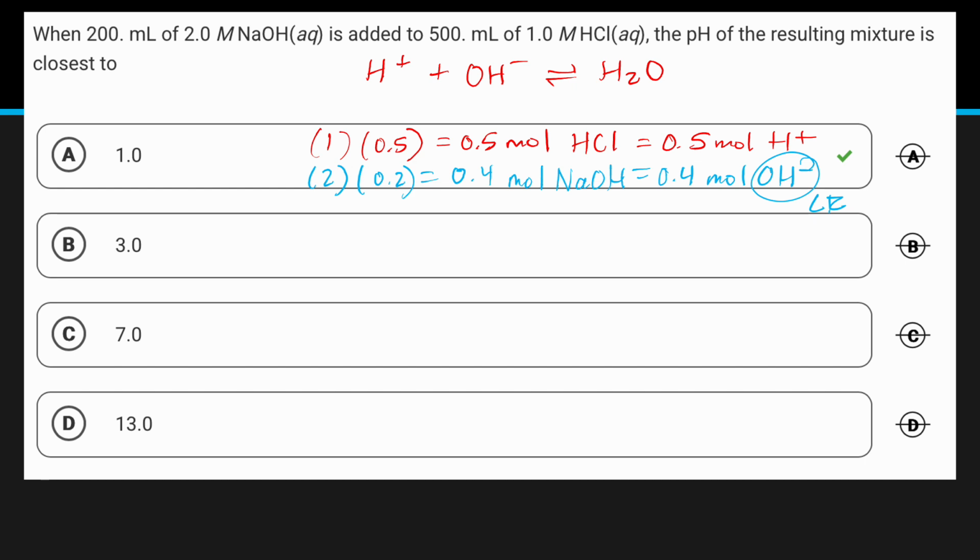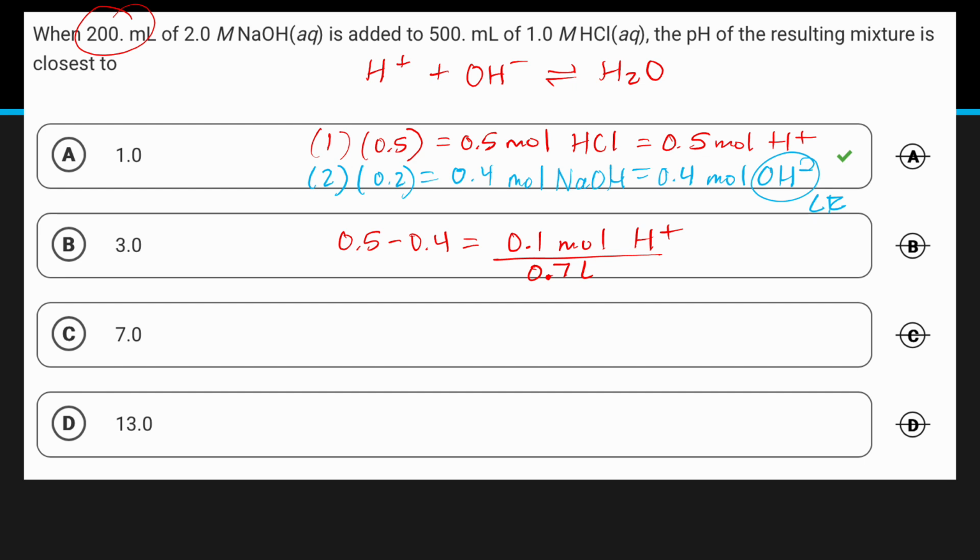If I started with 0.5 moles and I used up 0.4 because that's my limiting reactant amount, I'm going to be left with 0.1 moles of H+. And in order to get that to concentration, I'm dividing it by total volume. So 200 milliliters plus 500 milliliters, or 0.7 liters.